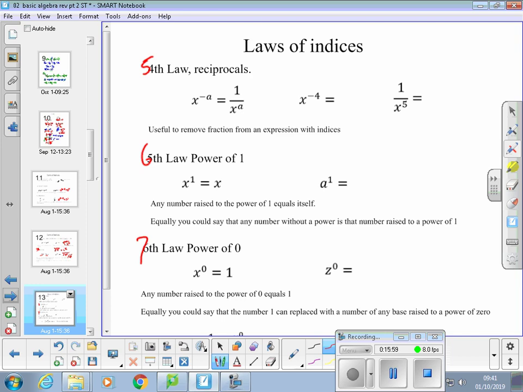So what we're saying is, if we have a number to a negative power, we can write it as 1 over a number to the positive power, and vice versa. Effectively, if that goes from the top to the bottom, it changes sign, or vice versa. So we can write x to the minus 4 as 1 over x to the 4.